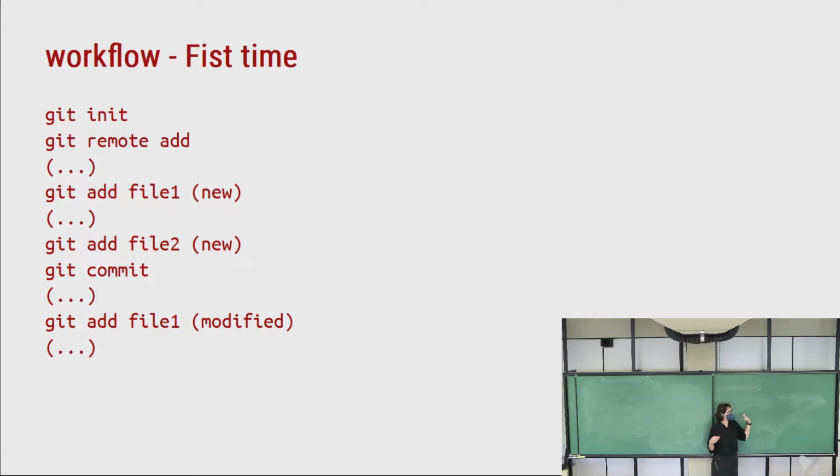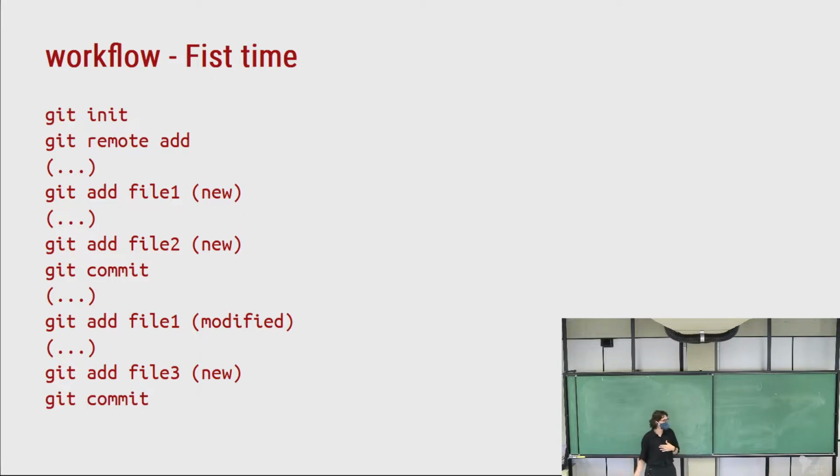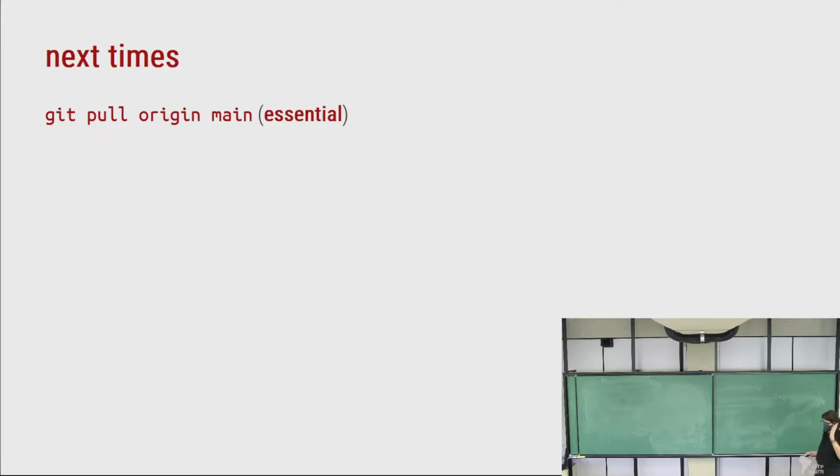And then I'm modifying file 1 again. I added a new file. That is a different version. And then I push everything to the origin. So we can also use simply git push -u to push to the origin.